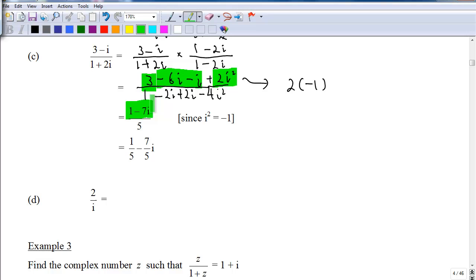Now for the denominator, you have 1, and again what is this number? This number is minus 4 minus 1, so it becomes 1 plus 4, gives you 5. And this imaginary part is removed. So in the end, our answer is just 1/5 minus 7/5 i.